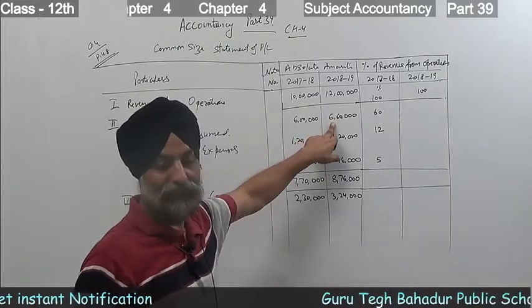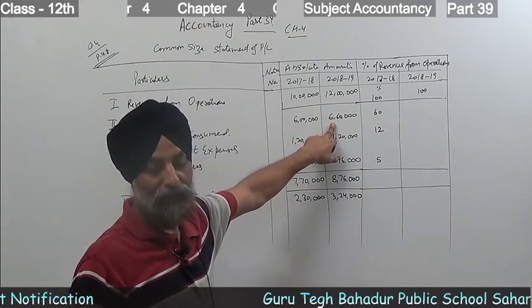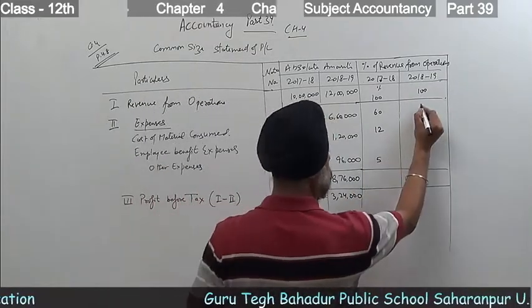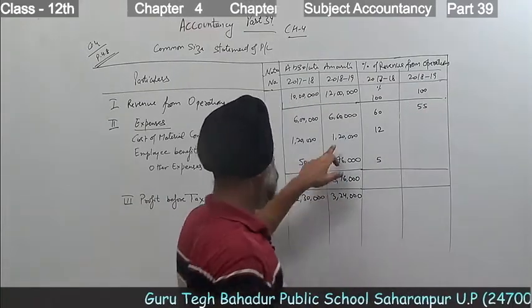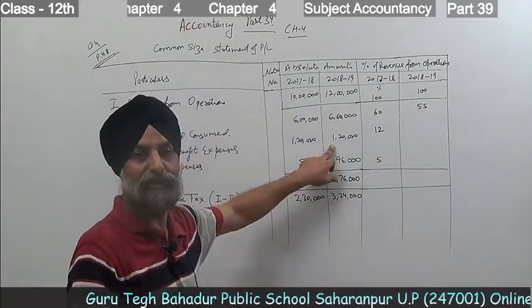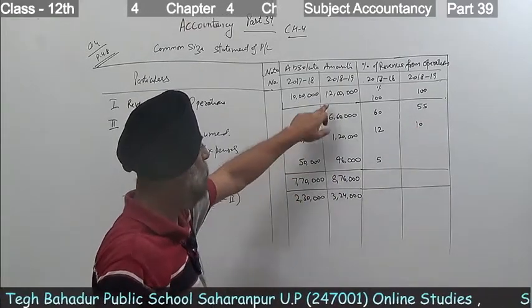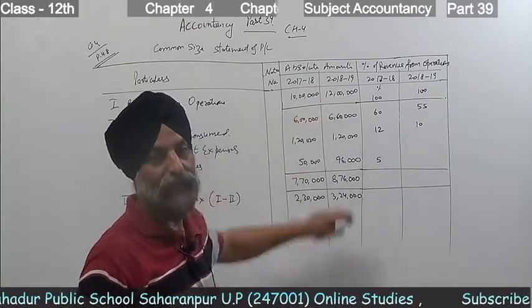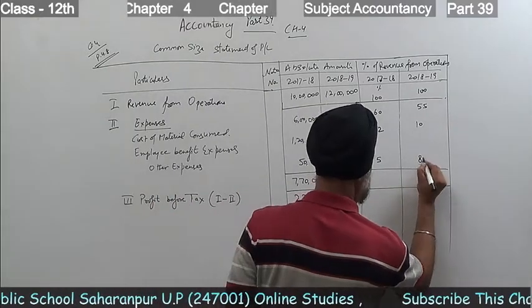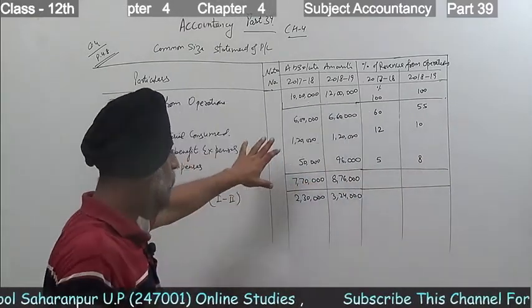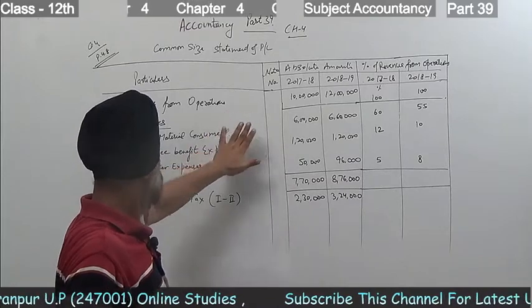Now 660 by 12 lakh will give 55%, and 120 by 12 lakh it is simply 10%. 96,000 by 12 lakh into 100, then we will get 8%. In this way, we find the percentages of expenses.